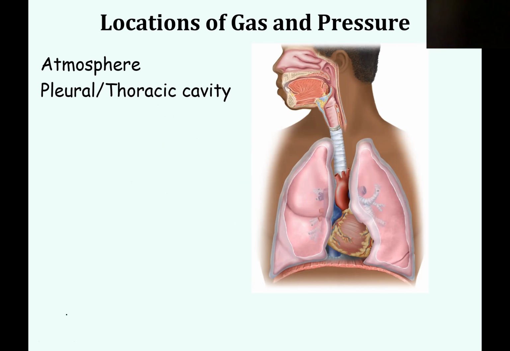Okay. Another location of gases and pressure would be the alveoli, or the lungs. This is also referred to as intrapulmonary pressure or space. With the alveoli, there are two ways to alter the pressure.